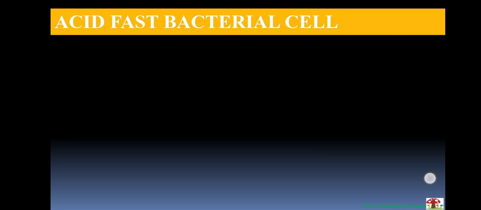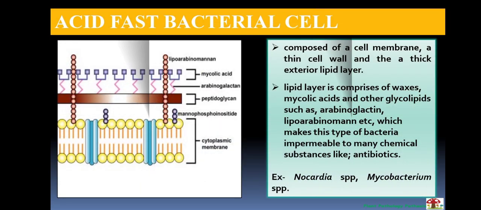The next one is acid-fast bacteria. The cell envelope of the acid-fast bacteria consists of a cell membrane, a thin cell wall like gram-negative bacteria that is constituted of a thin layer of peptidoglycan, and a thick exterior lipid layer. Okay, this lipid layer is different from the outer membrane.